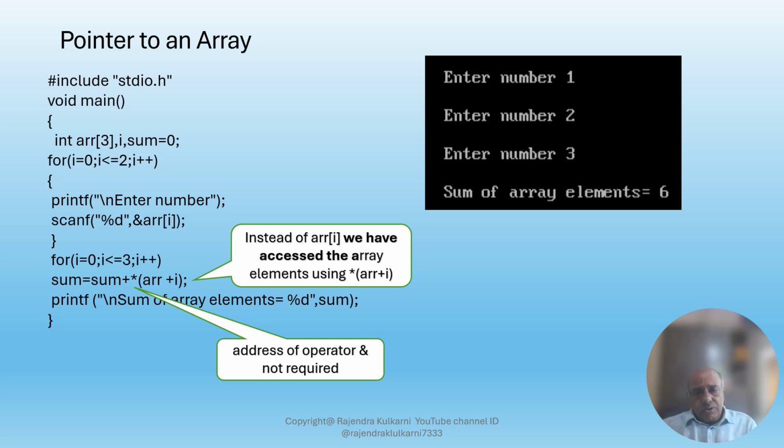Then again when the loop iterates, the i value changes from 1 to 2. So the third element of the array will be accessed through its address by this star of arr plus i expression, and then this printf statement gives the value of the sum of the array elements.